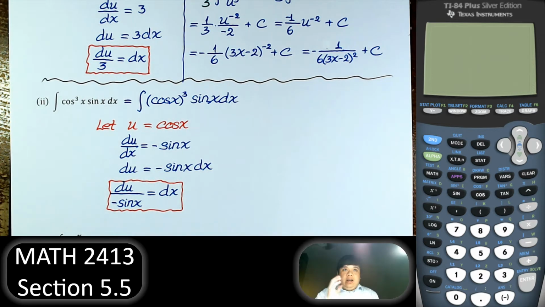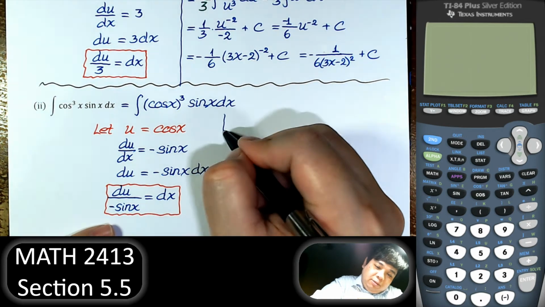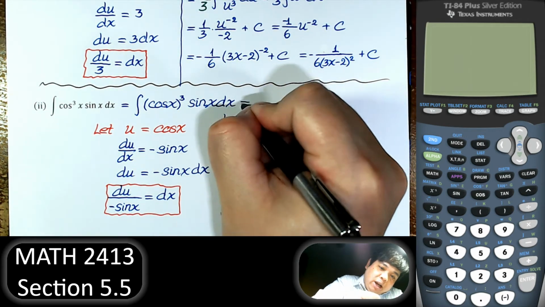So write down u and then solve for dx. Then we can substitute back into our problem.